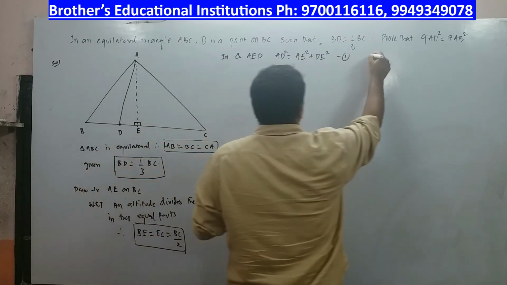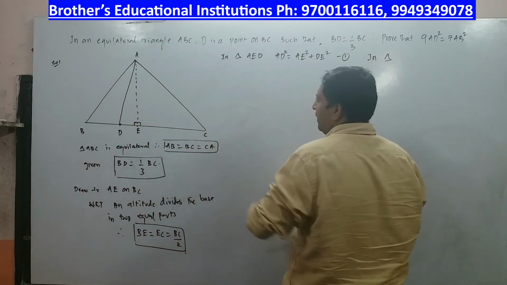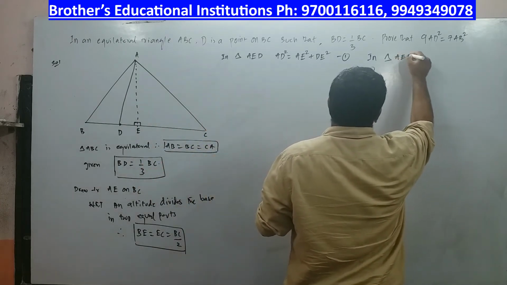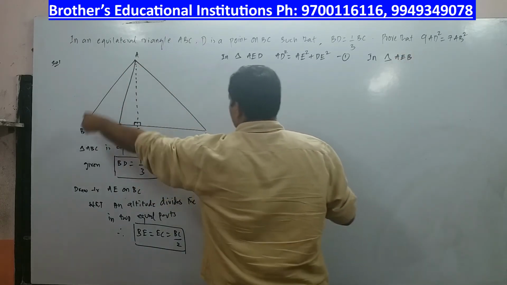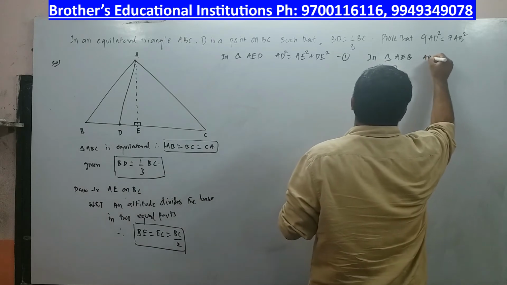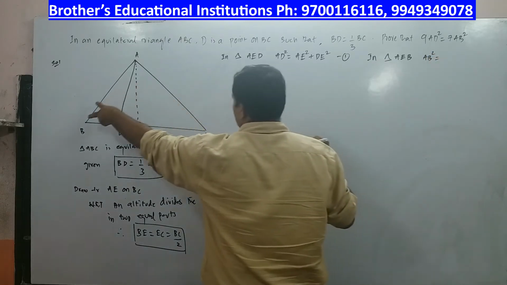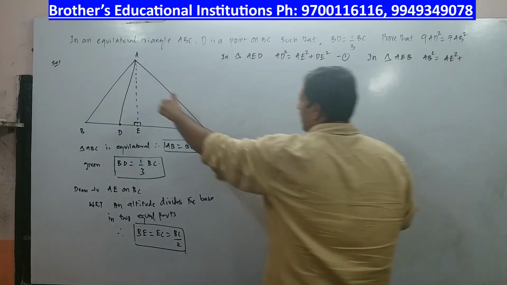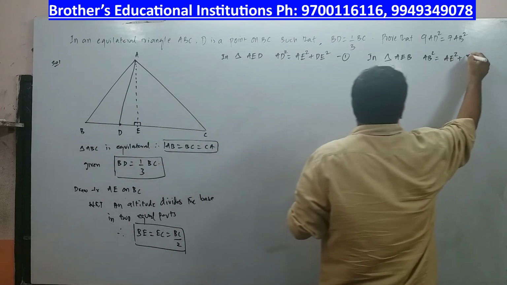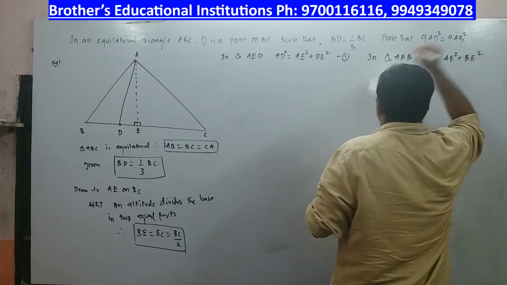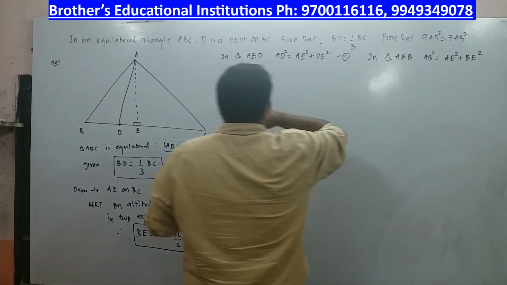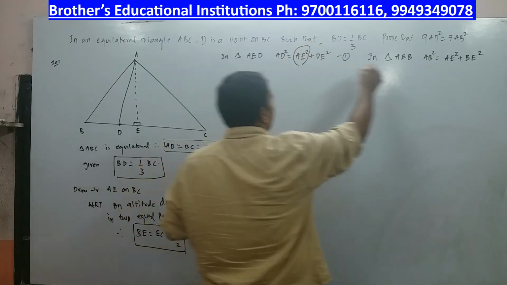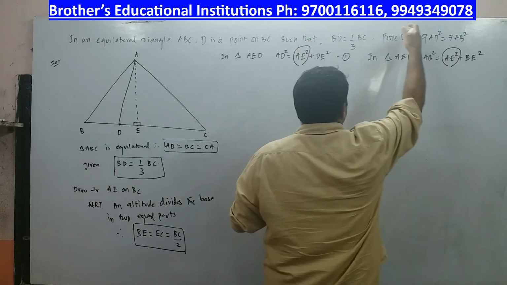Again I will say in triangle AEB, what is the hypotenuse? AB. So AB square is equal to AE square plus BE square, right? So now what I am going to do, I am planning to eliminate this AE from both these equations because nowhere AE is involved.